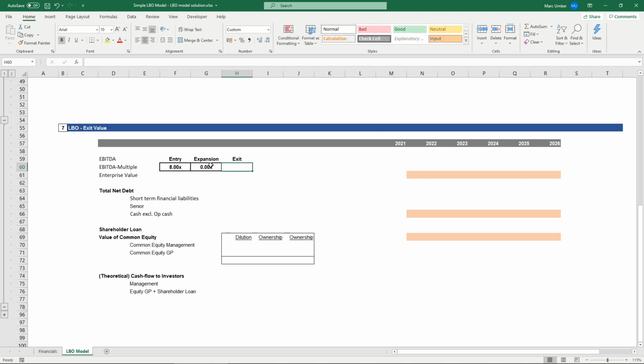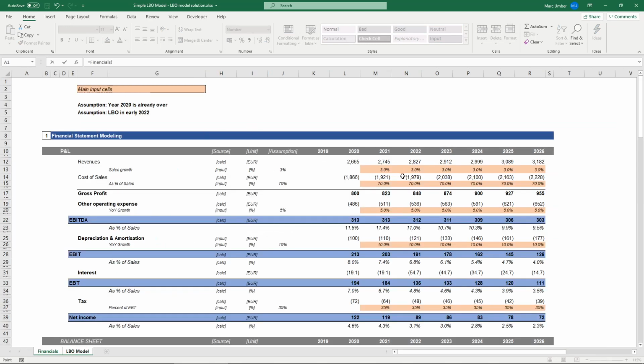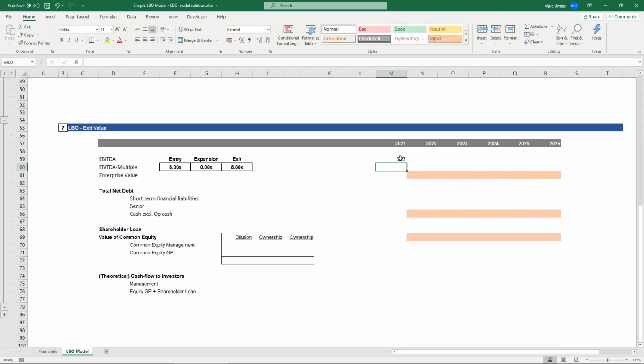Let's put in an additional value of 0, which gives us an assumed exit multiple of 8x. Now, to get to an enterprise value estimate for every single year, we can simply input the EBITDA data. Our EBITDA end of 2021 is in the income statement. We will link these numbers here.